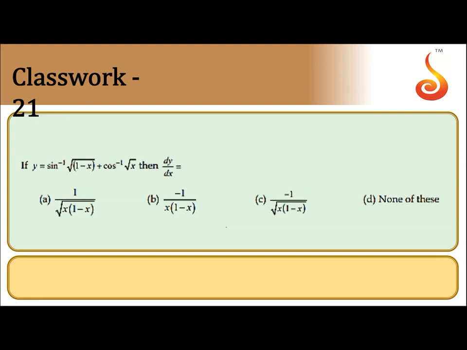Coming to the next one, y equals sine inverse of root of 1 minus x. Of course, can I write this as cos inverse of root x? Yes, by the formula, this is nothing but sine inverse of the square root of 1 minus root x whole square. So that is nothing but cos inverse of root x.